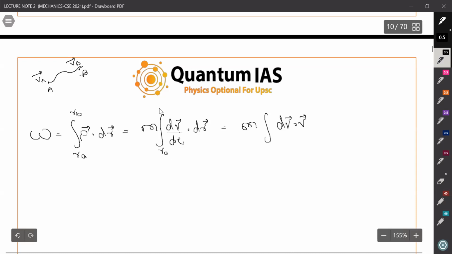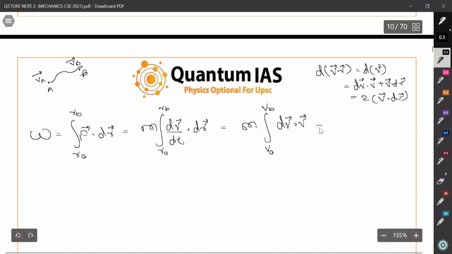So we can write it as m dv dot v, with limits Va to Vb. Also, what is v dot dv? d of v square is dv dot v plus v dot dv, that is 2 v dot dv.